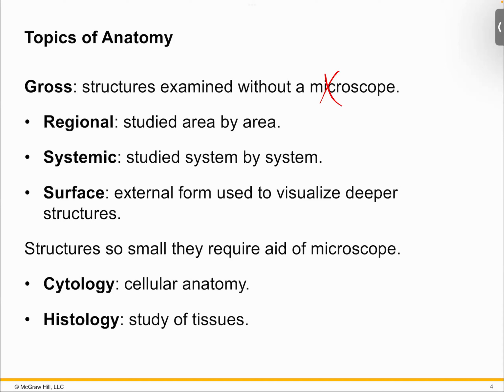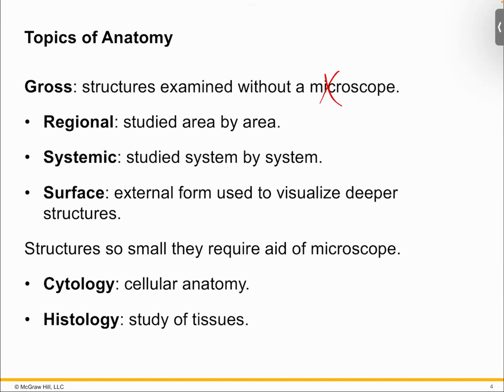So if you're just looking at one layer, like kind of snorkeling on the surface, that's surface anatomy. That's basically where you're just looking at surface structures and you're not getting all that deep. A dermatologist, for instance, oftentimes can be characterized as surface anatomy, right? Because you're just on the surface of the body itself.